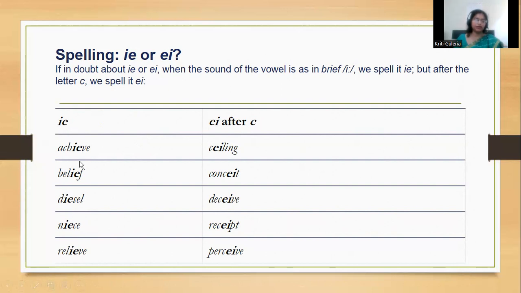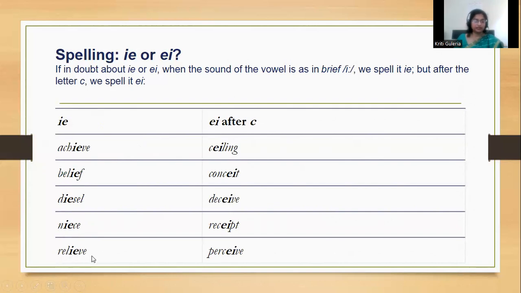For example, achieve, ACHIEVE, right? Belief, L is a consonant and IE. Again, diesel, DIESEL, niece, NIECE, relieve, RELIEVE.